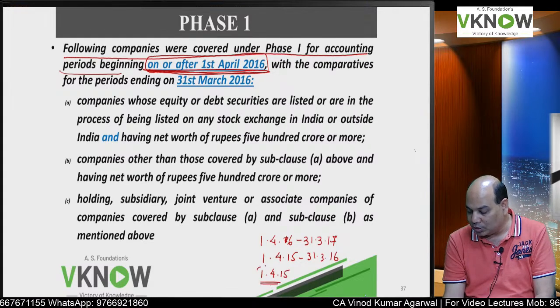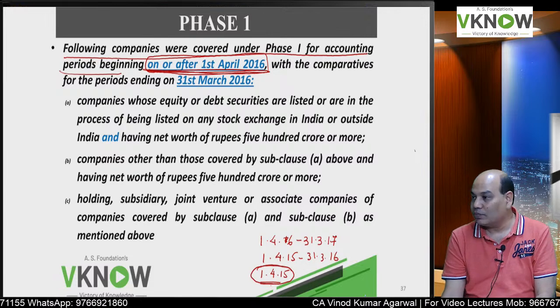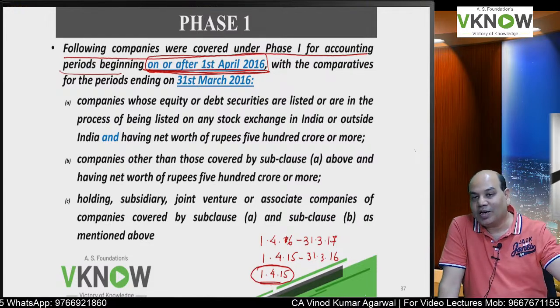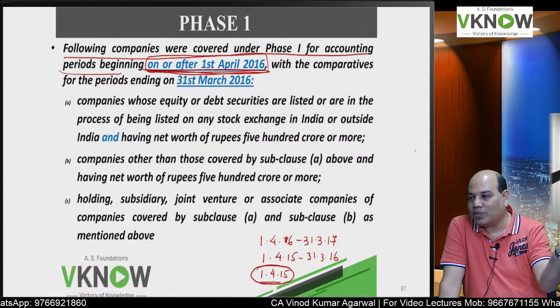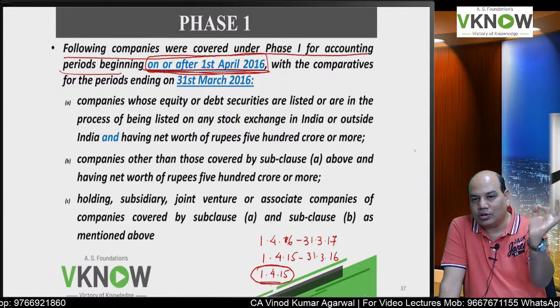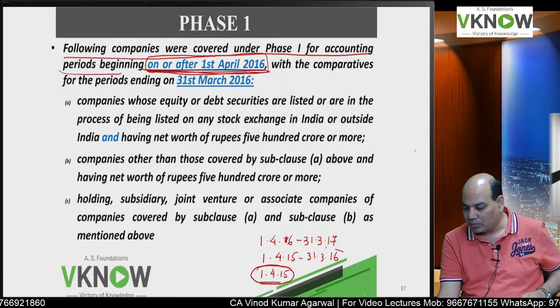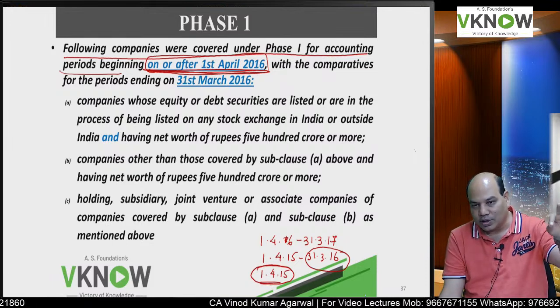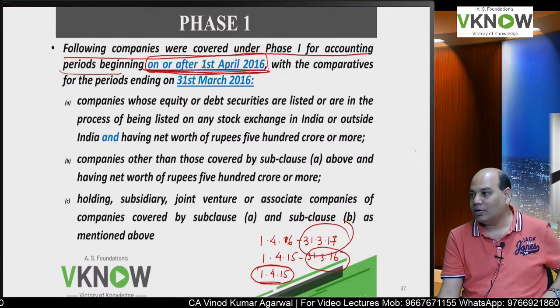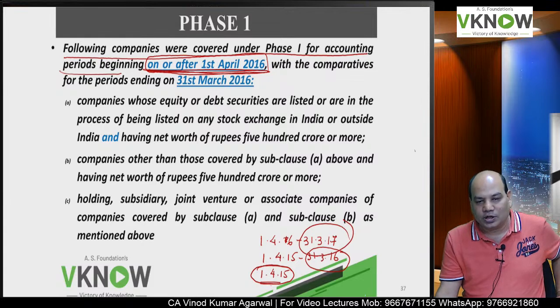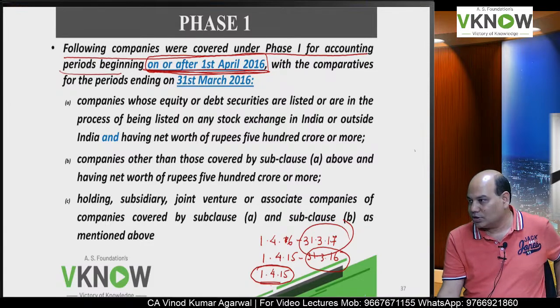So really speaking, you have to start working from a much earlier date so that you can prepare one opening balance sheet on 1/4/15, a comparative balance sheet on 31st March 16, and the balance sheet of that financial year on 31st March 17.